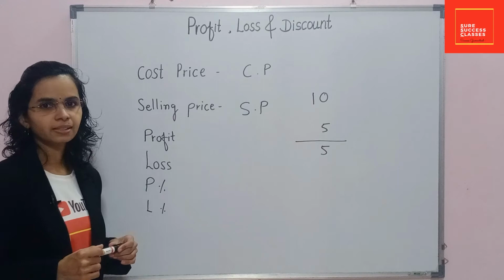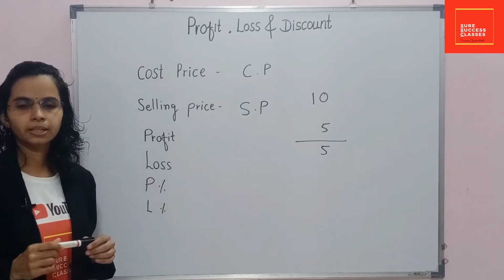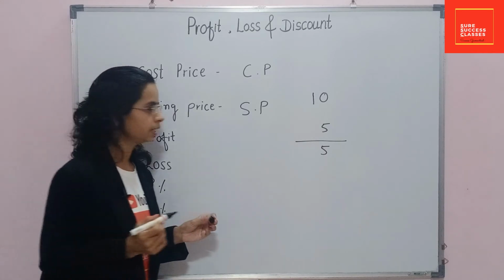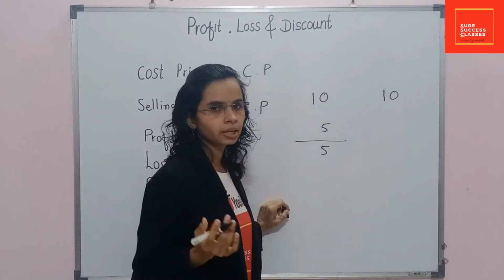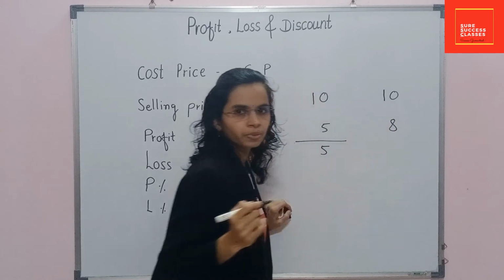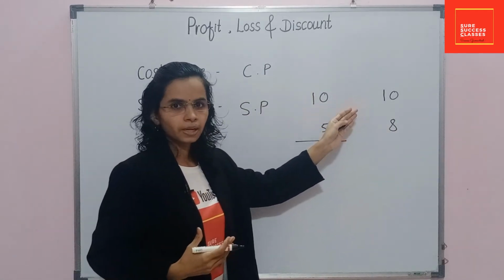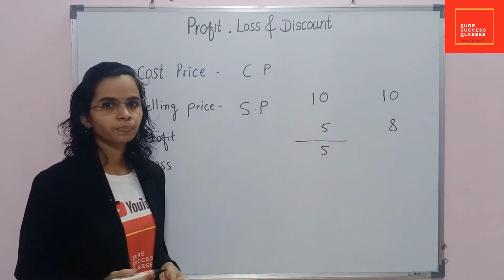Let's move to the next concept, that is nothing but loss. For that we will take an example. If I bought this pen at rupees 10 and I am going to sell it at a lower rate, at rupees say 8. Here rupees 10 is my cost price and rupees 8 is my selling price.